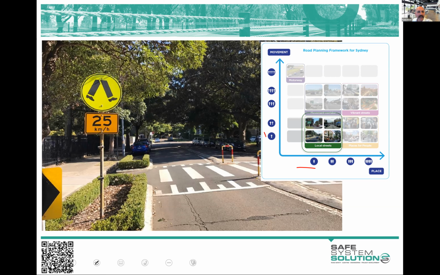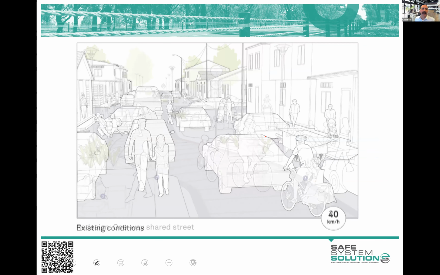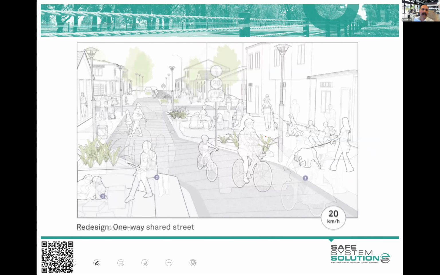In a similar way, but stepping up again, we can see you're still providing facilities to significantly lower speeds through areas, because the movement of people and goods through there is not as critical.